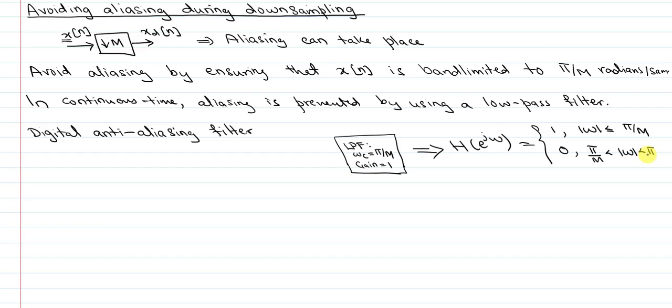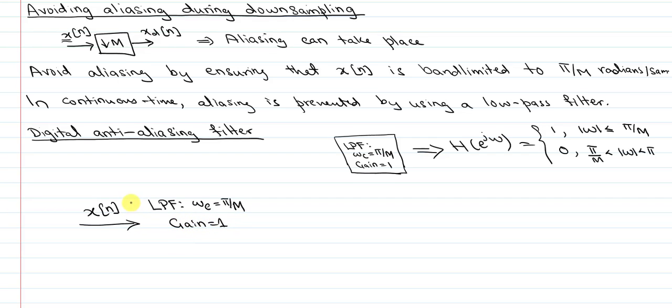Okay, so we can do the same thing, and what that means is that in the discrete world, before we do downsampling, what we should add is a low pass filter. When we know that we are going to downsample by a factor of M, we should add a low pass filter which has a cutoff of pi over M, and the gain of that filter is 1 because we don't want to touch any of the other frequencies.